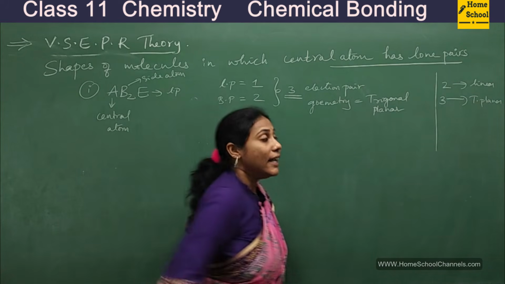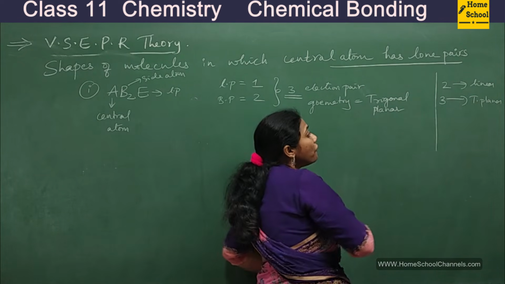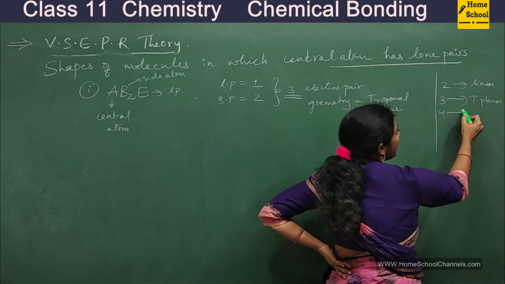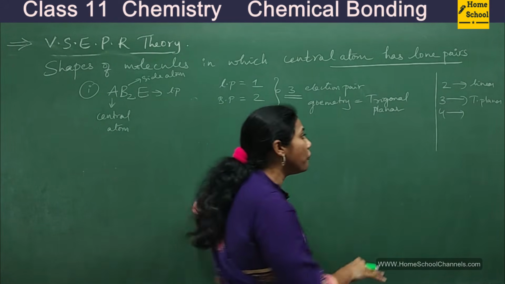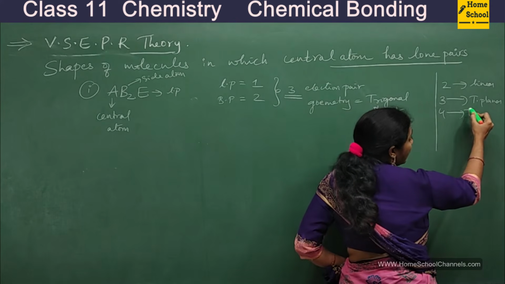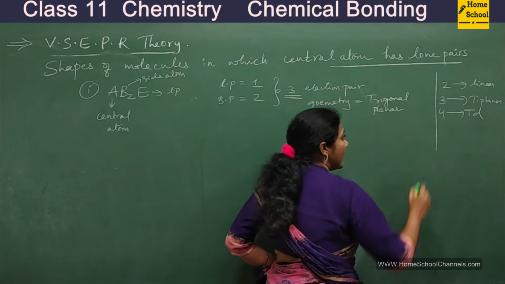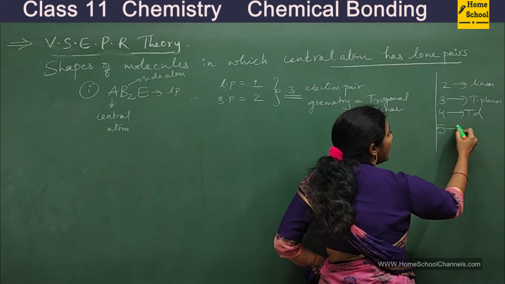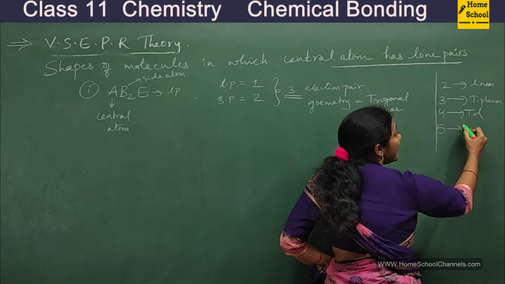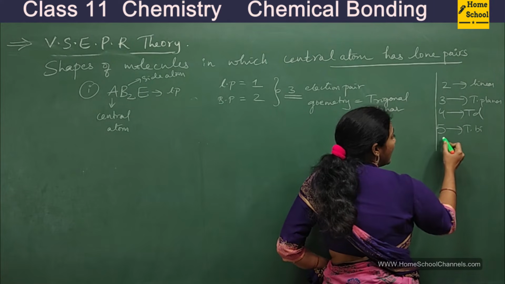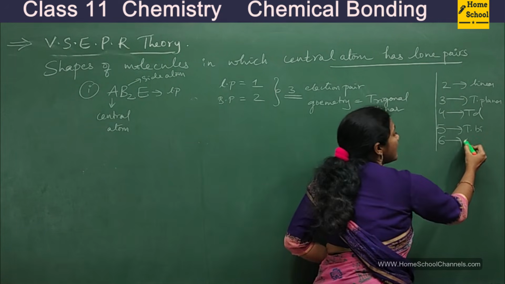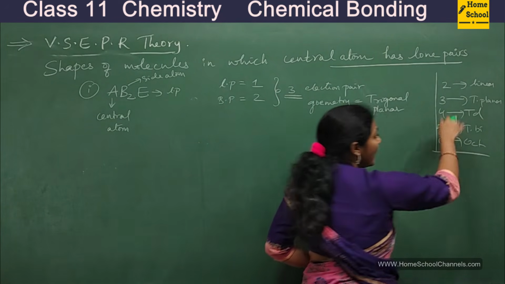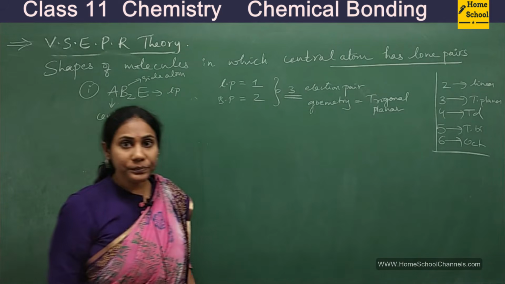Whenever you have 4 electron pairs around the central atom, both bond pairs and lone pairs together, the geometry is always tetrahedral. When you have 5 electron pairs, the geometry is trigonal bipyramidal. When you have 6 electron pairs, the geometry is octahedral. This is the one we have just discussed.